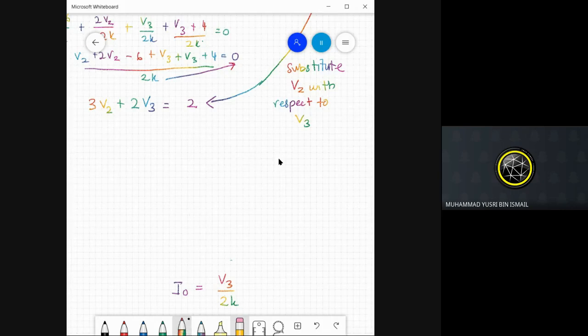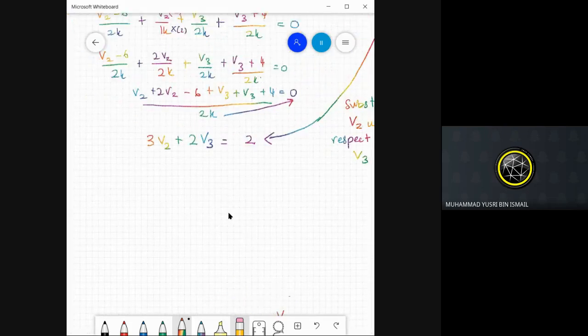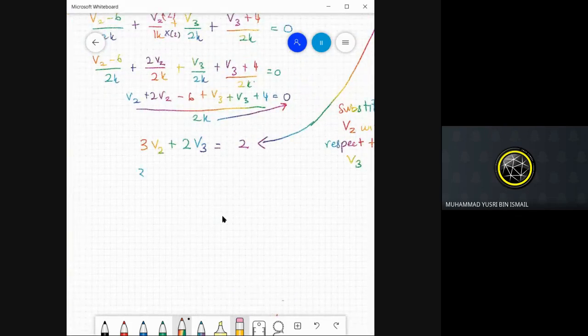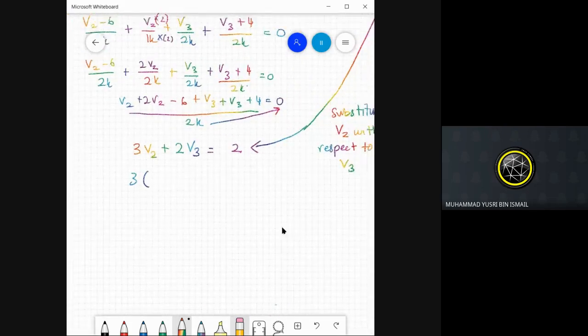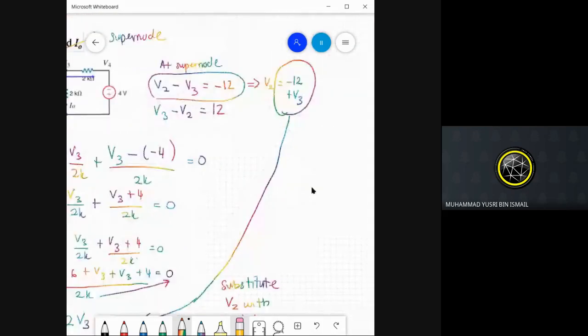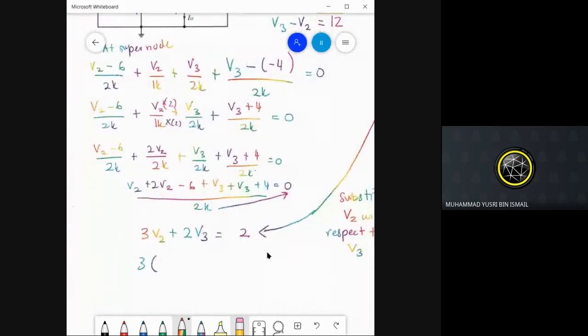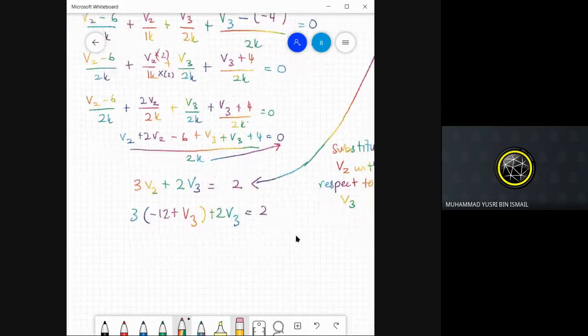Okay, 3V2, V2 is negative 12 plus V3, negative 36.